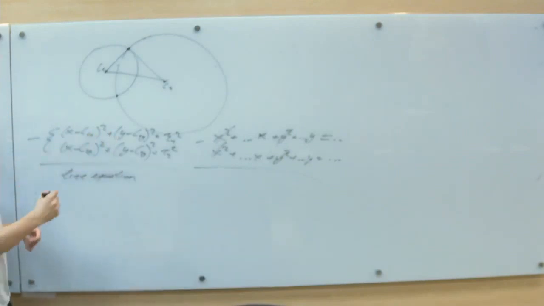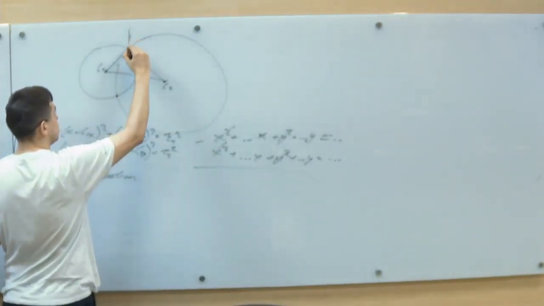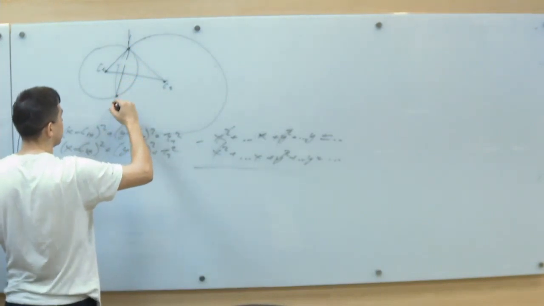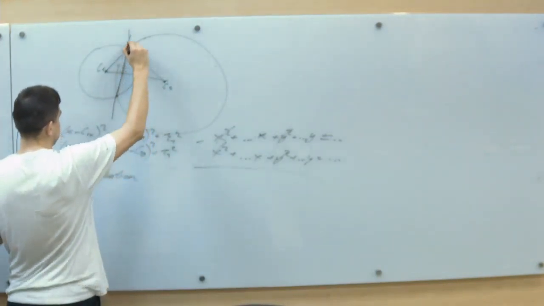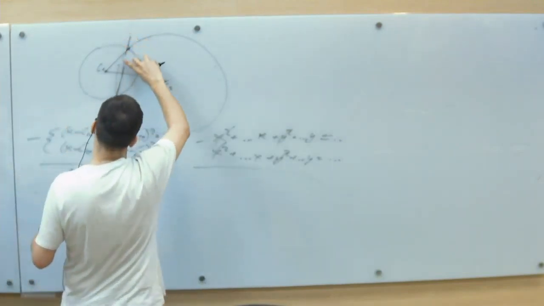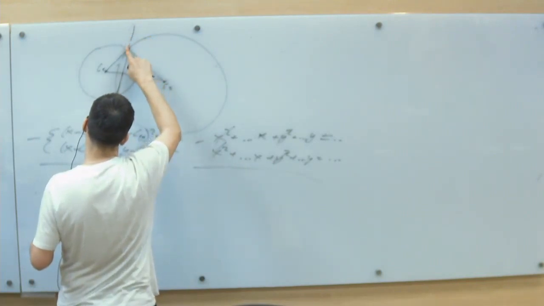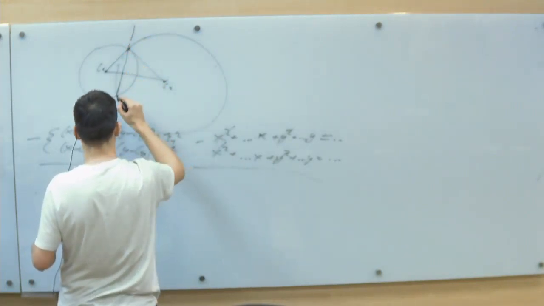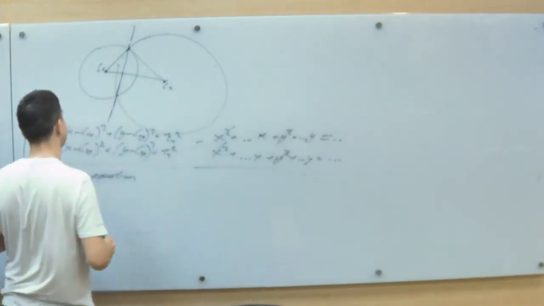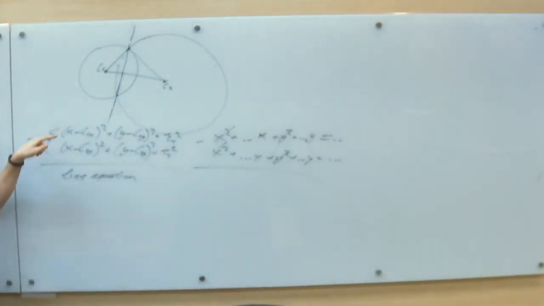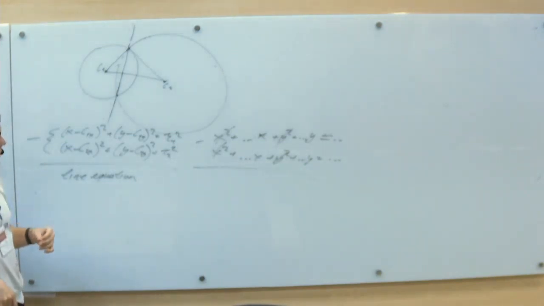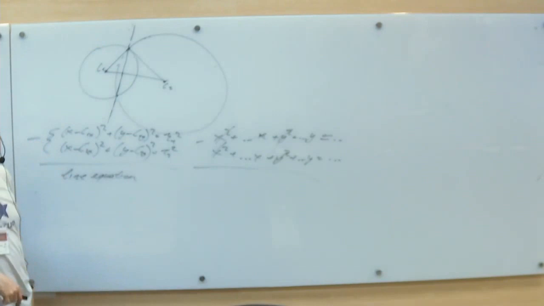So this will be this line that passes through two points of the intersection. And then we can intersect line and circle the way we did before.